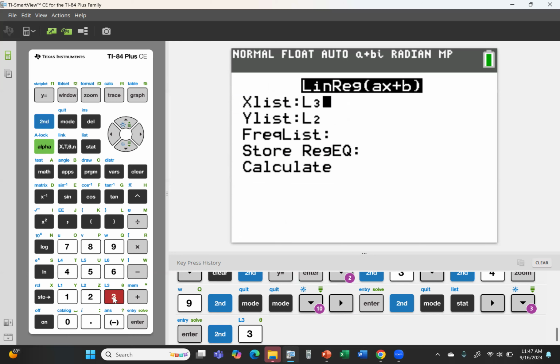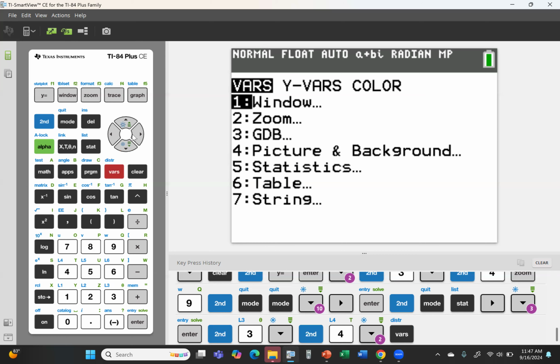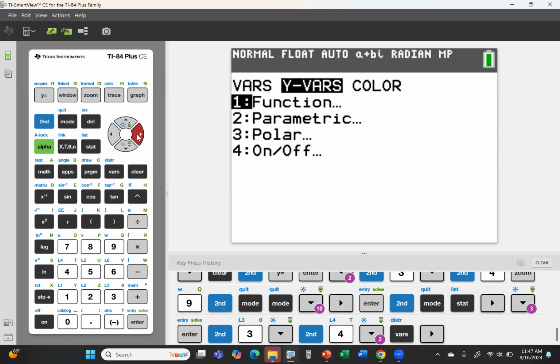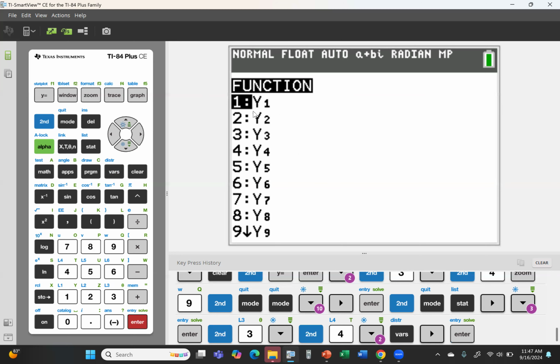Second 3 for my X list, second 4 for my Y list, and then I'm going to store my regression equation in Y1 because I cleared everything out, so I'm going to put it in the first Y equals. So I'm going to go to my variables menu, which is just to the left of the clear button. I'm going to arrow to the right to the Y variables because that's where I'm going to put this. And number 1, the function. And I'm going to put this in Y1.